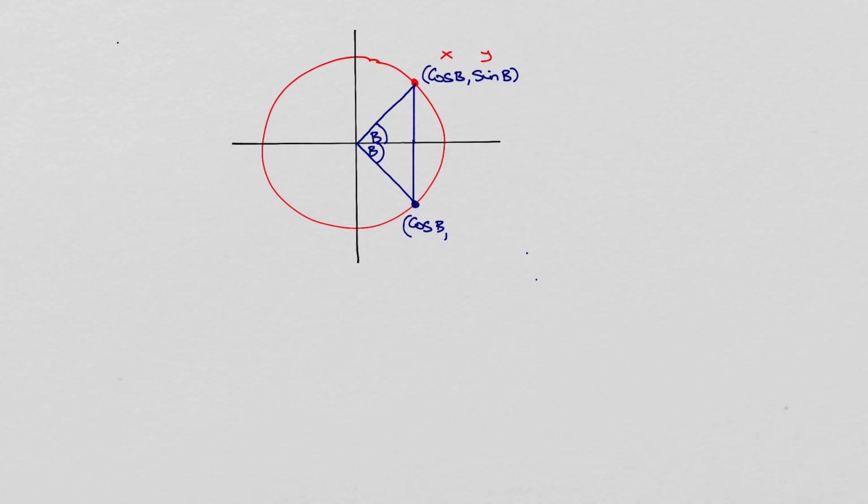However, I've now gone down in a negative direction. In other words, the x-coordinate is still positive, but the y-coordinate is negative. In the unit circle, we always go in an anti-clockwise direction. But if I go in a clockwise direction, that's known as a negative angle.